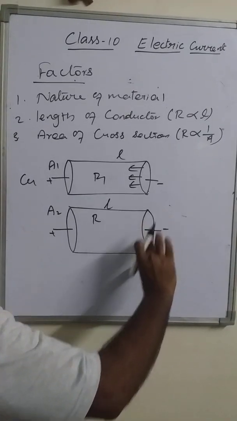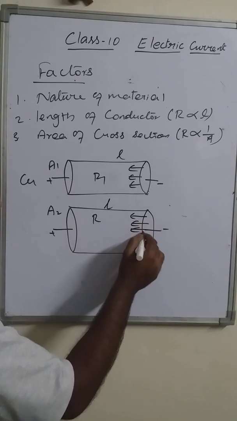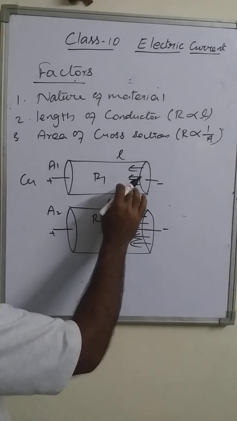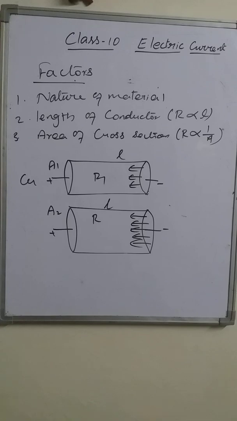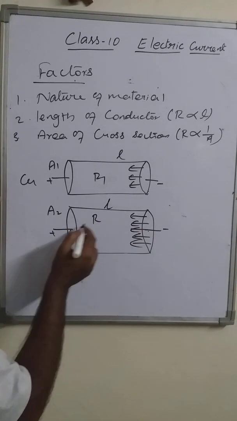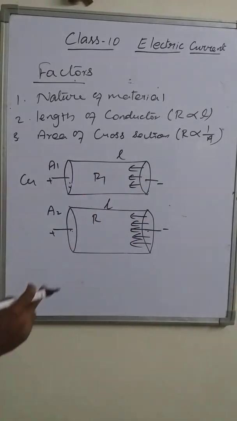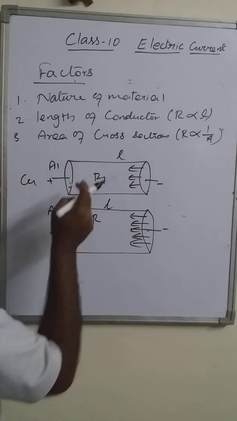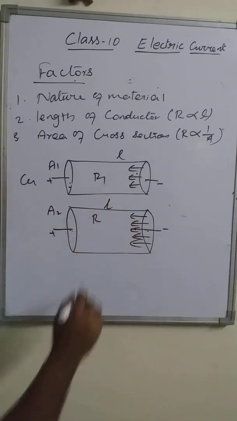Since the area of cross section is greater, the number of electrons from this negative terminal will be greater than the number leaving the negative terminal of the first conductor. In both conductors the distance traveled by all the electrons is the same, but the number of electrons is greater in the second conductor.